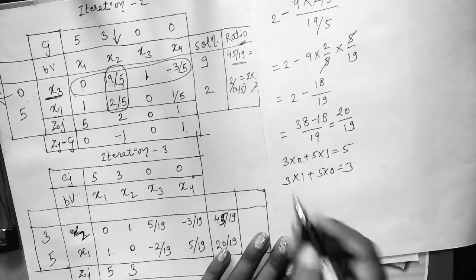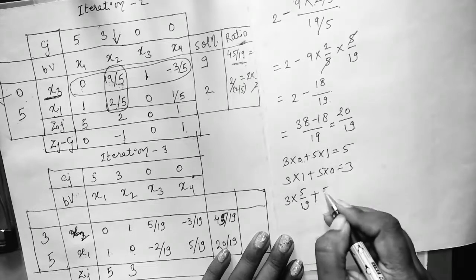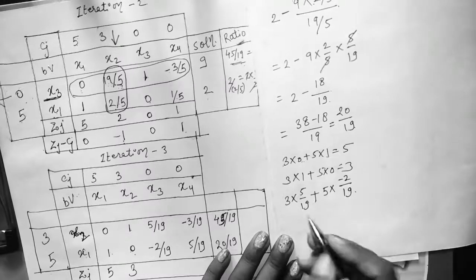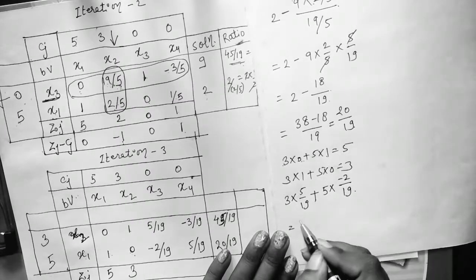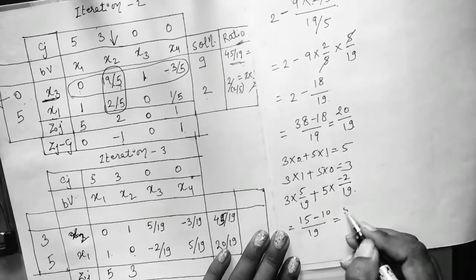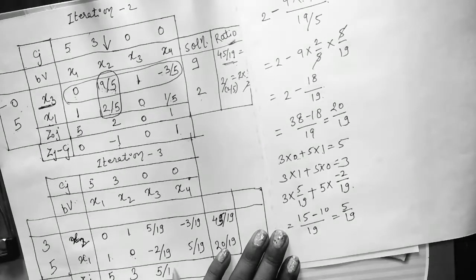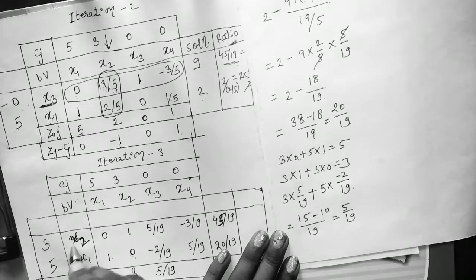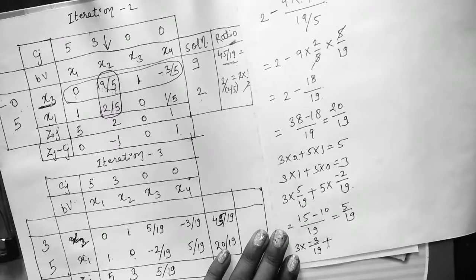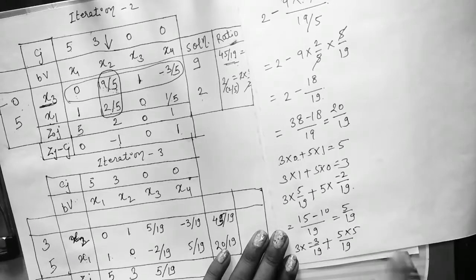Next is 3 into 5 by 19 plus 5 into minus 2 by 19. This is equal to 15 minus 10 by 19, that is 5 by 19. So here the value is 5 by 19.